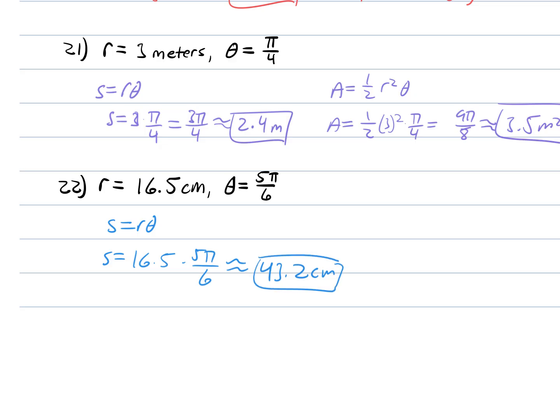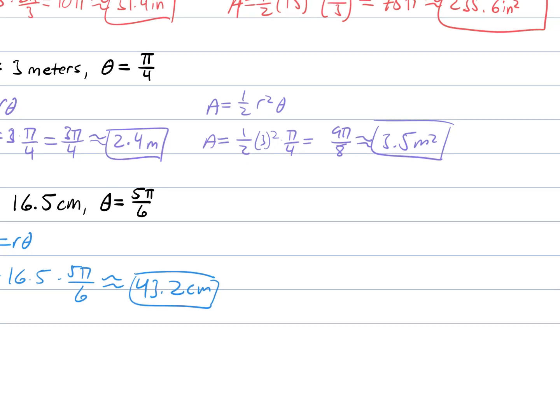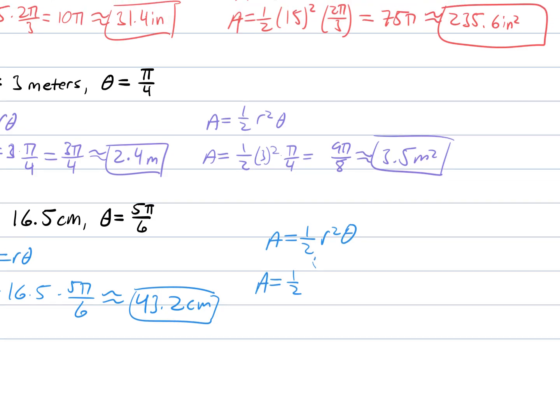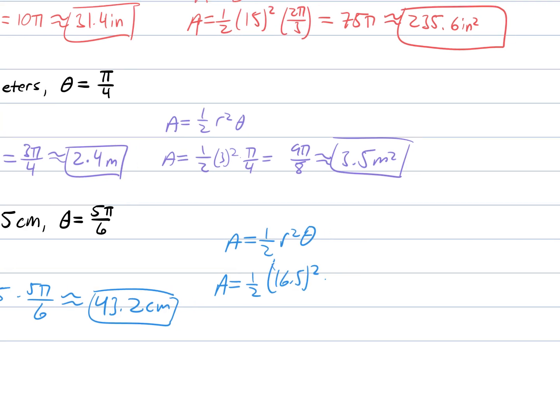And then for your sector area, again, same formula as before. It's going to be 1/2 r squared theta. We already have our angle in radians, so it's going to be A equals 1/2 times 16.5 squared times 5 pi over 6.